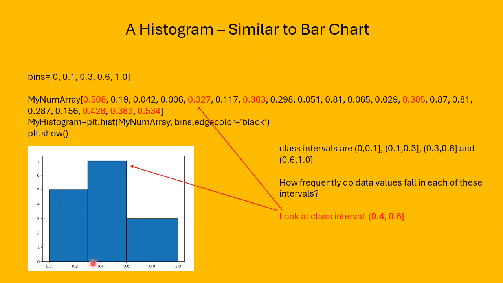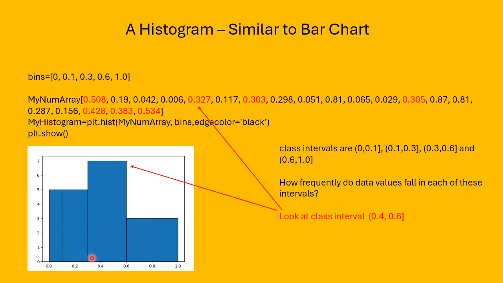And then we have another class interval over here going from 0.3 to 0.6. And then one more class interval, looking up here, going from 0.6 to 1, which is right here. Right here is 0.6, and over here is 1. So we have bars over each of these class intervals.